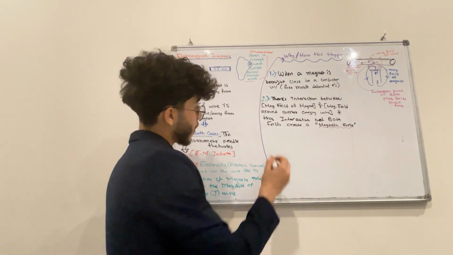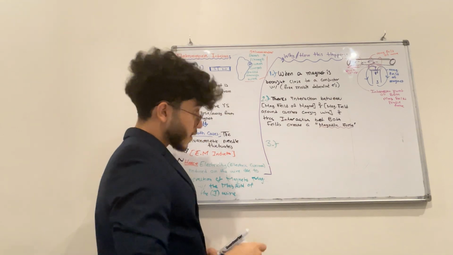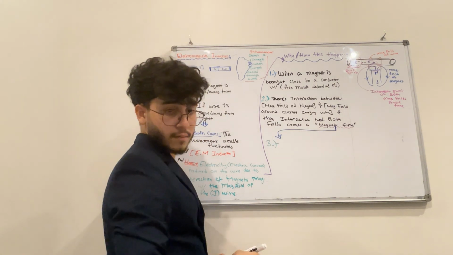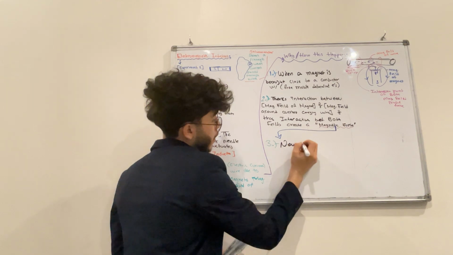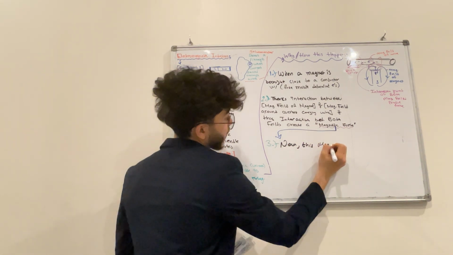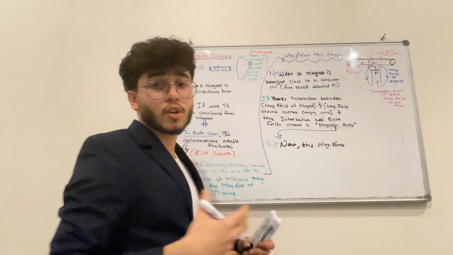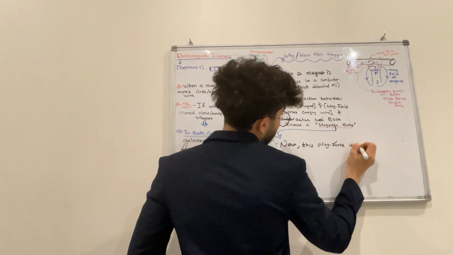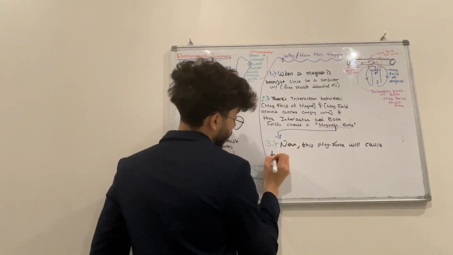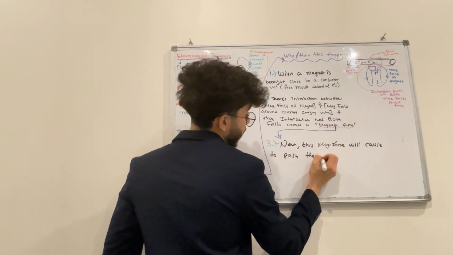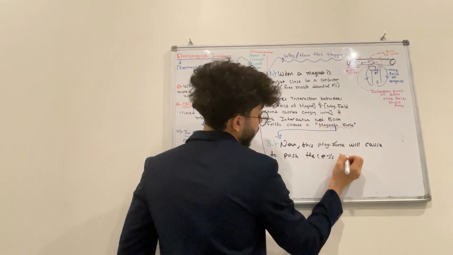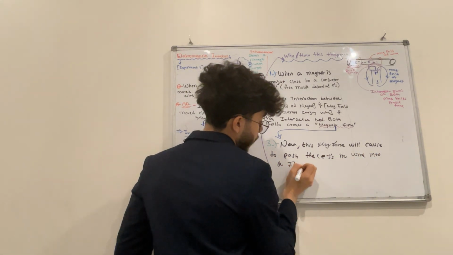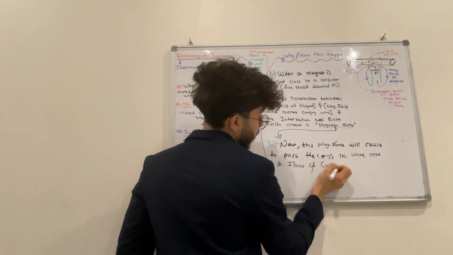Step 3 is how the current is produced, because this magnetic force will cause to push the electrons in the wire into a flow of current.